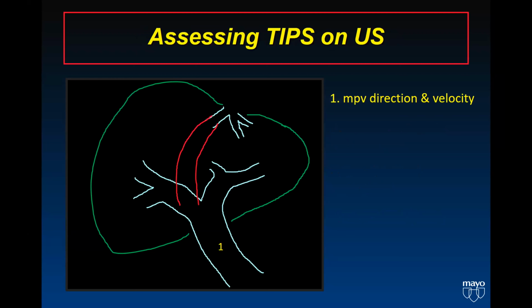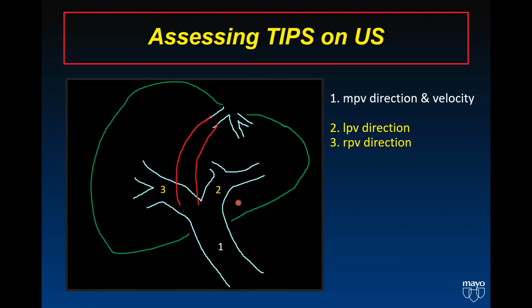So what do we do when we assess TIPS on ultrasound? There are 7 areas or 7 things we're going to look for. And so the sonographers at our institution look carefully at all these. First, we're going to measure the direction of flow and the velocity at the main portal vein before the TIPS. Then we're going to assess the direction of flow in the liver, not related to the TIPS, but the intrahepatic left and right portal vein.